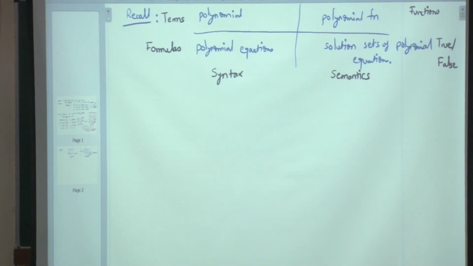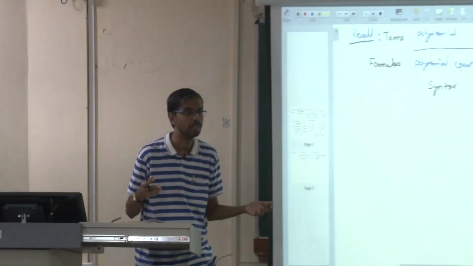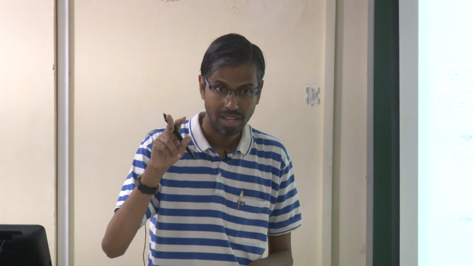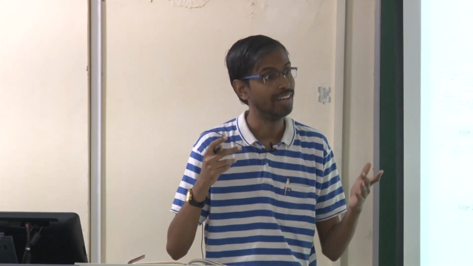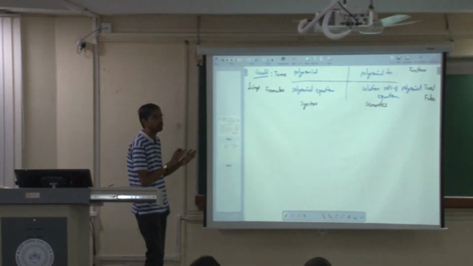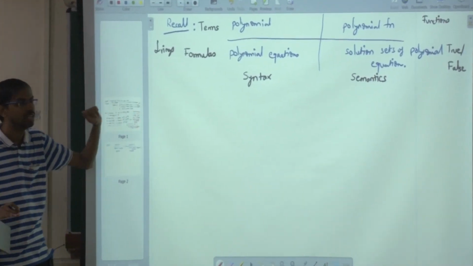How do you write x square plus y square minus 1 equal to 0? x times x, and then plus. The language of rings. So this is all happening inside the language of rings. Now what we are going to do is, one by one, define these things.